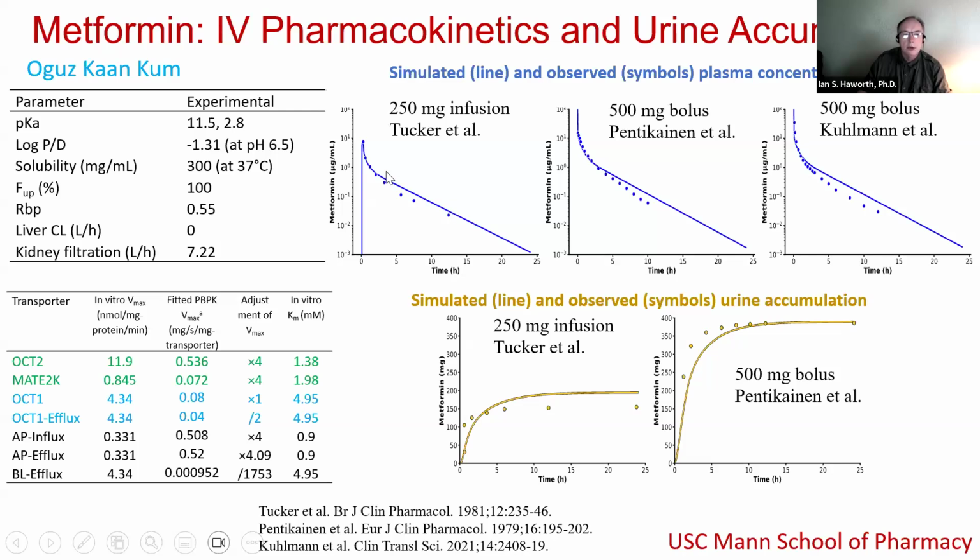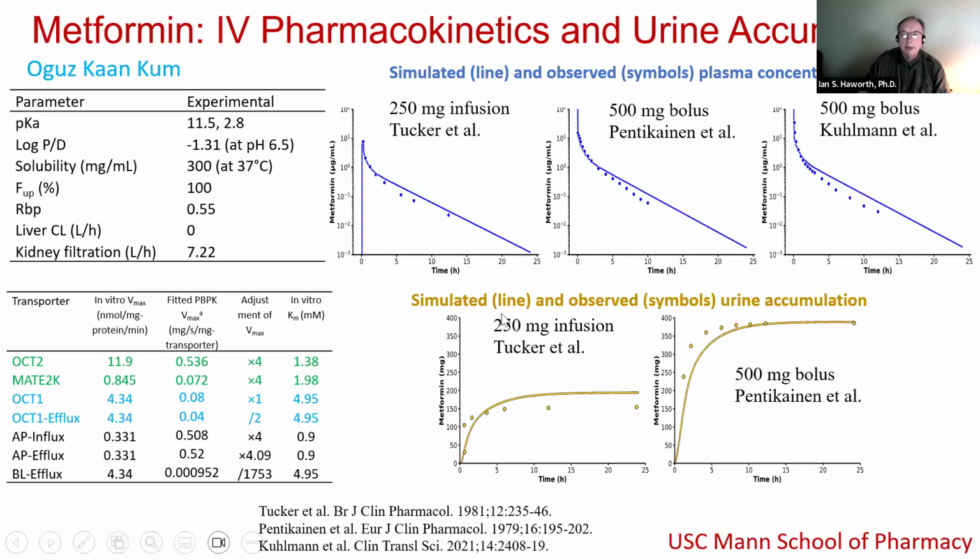and we were able to simulate the IV data after altering some parameters, including transporter kinetics for, in the green here, these are kidney transporters, and the blue are liver transporters. So we can get the plasma concentration time curves quite well.